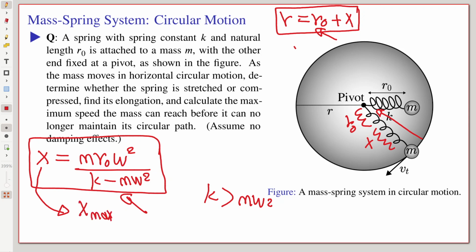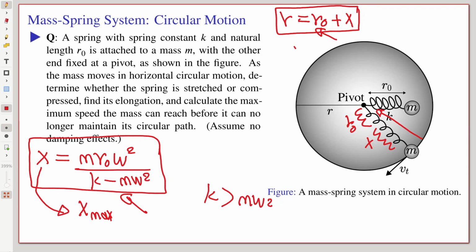You cannot just extend it infinitely as much as you want. It's not allowed, because either the spring will collapse, it breaks, and eventually the circular motion fails. But that's for the elongation part.